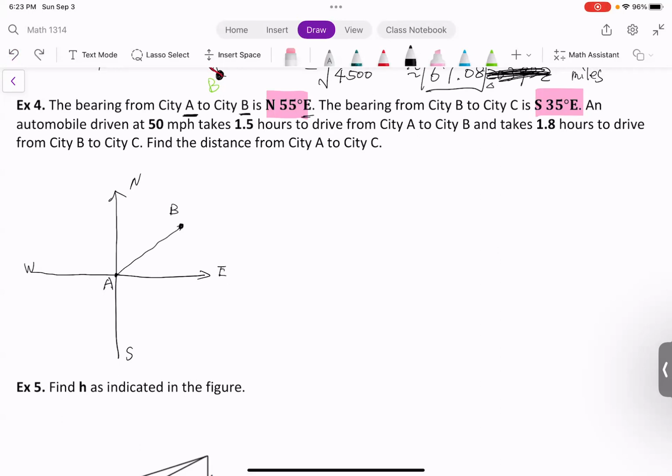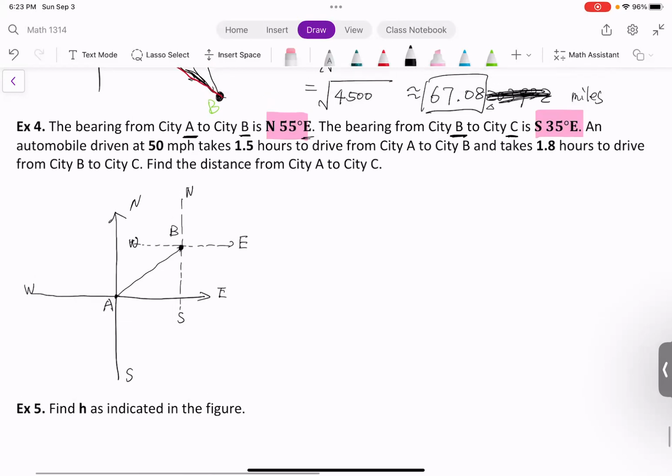All right, from city B to city C. At point B, I also need the vertical line and horizontal line. This is north, south, this is west, this is east. From point B to point C is south 35 degrees east.